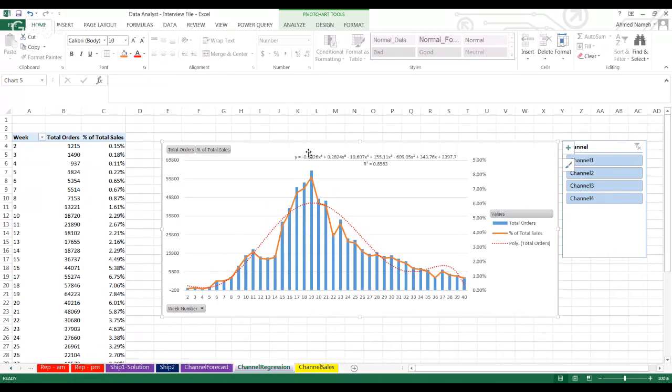Which may lead you to ask, why not use the line of best fit to forecast out the next 12 weeks. Now, the problem with using the line of best fit is that this formula for all 4 channels, channels 2, 3, and 4 in particular, was calculated only using 39 weeks of data.